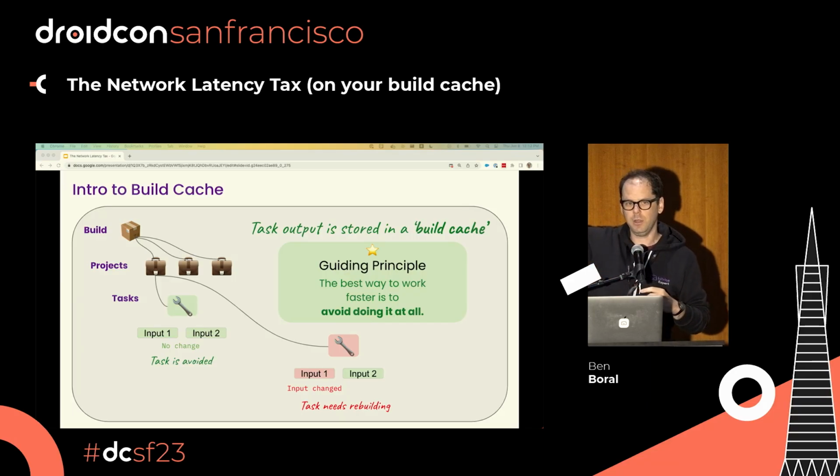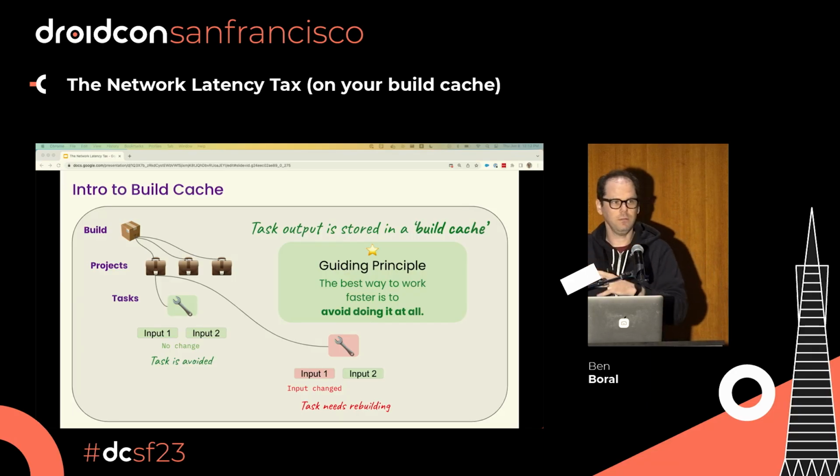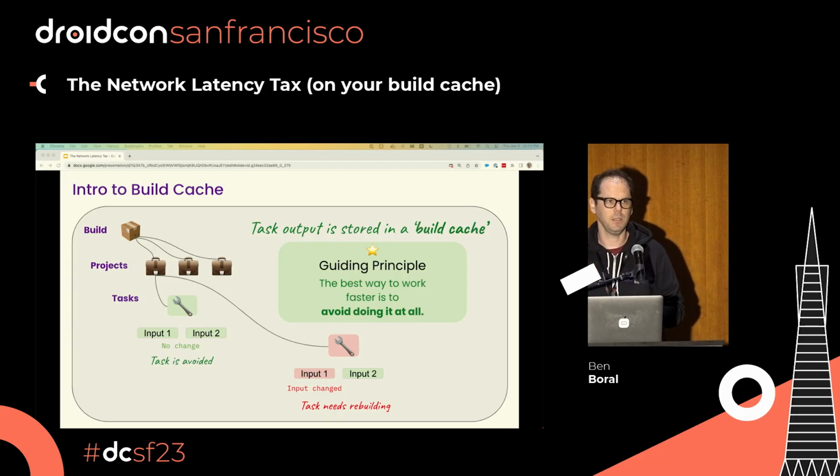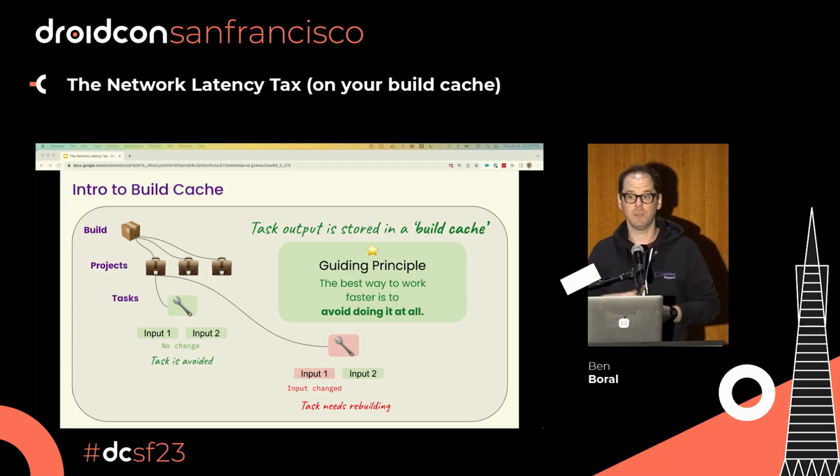What I'm telling you here is based on Gradle, but it applies to Bazel users or other build systems as well. And the particular implementation that we did at Bitrise also supports several build systems.